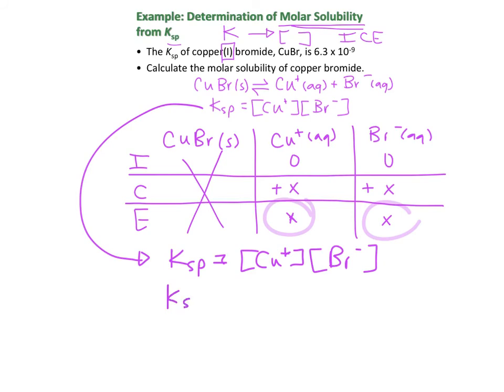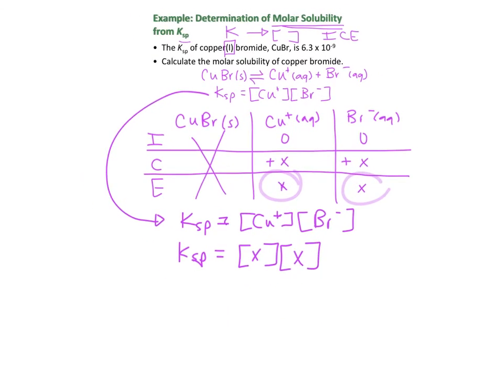So Ksp equals x times x. So basically what you have is the Ksp equals x squared, right? But the good thing is we do have the Ksp value. So we know that 6.3 times 10 to the -9th equals x squared.